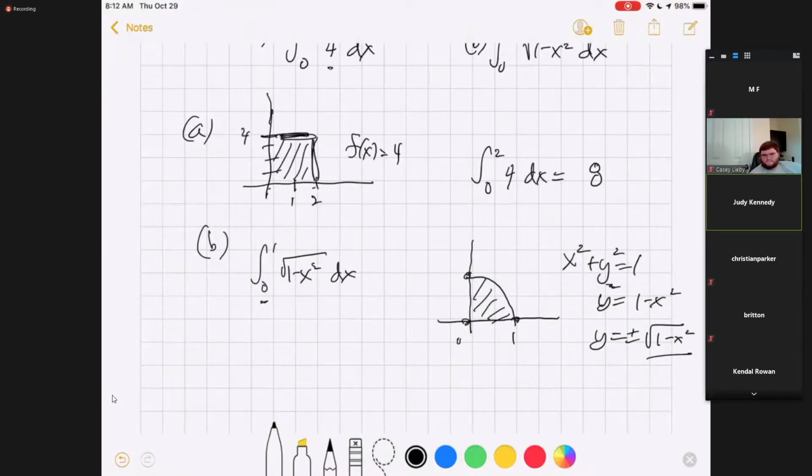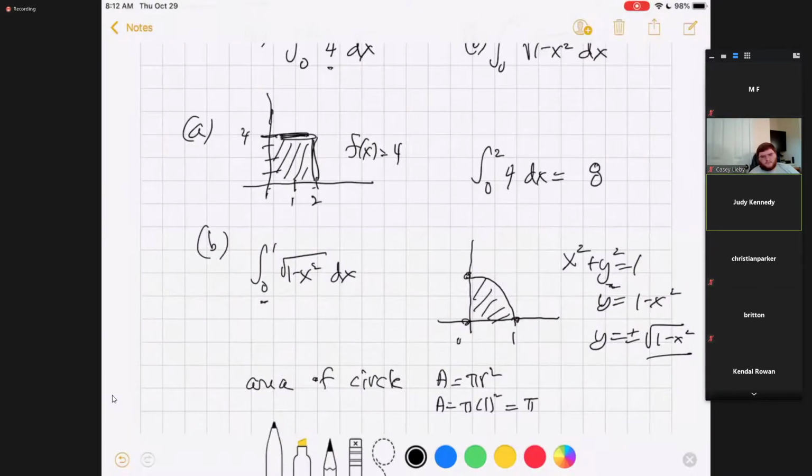Well, I know that the area of a circle, in fact, we're going to be able to prove this later, but not until we do some more work, is pi r squared. This is the unit circle. So the area inside the entire unit circle is pi times 1 squared.